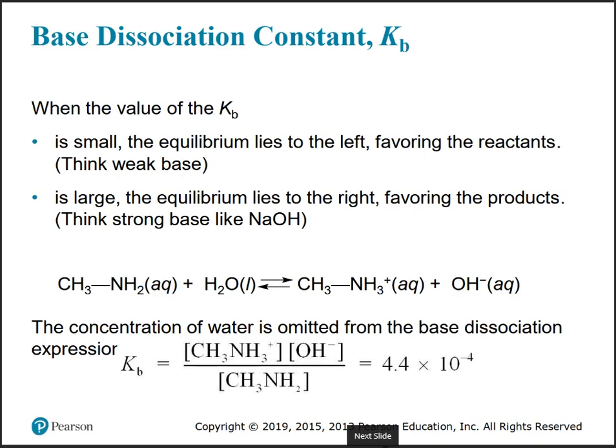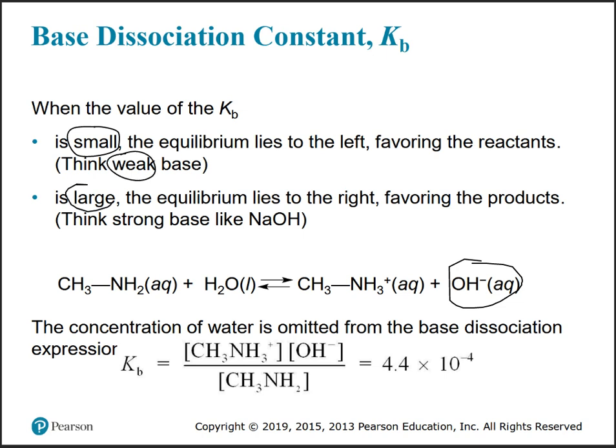We can also talk about bases in the same way. A base is something that creates hydroxide. So instead of hydronium, you're making hydroxide. And the same rules apply for the base dissociation constant. If it's small, then it's going to be a weak base.